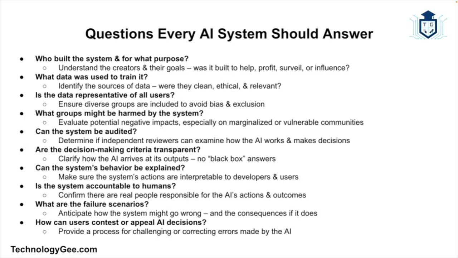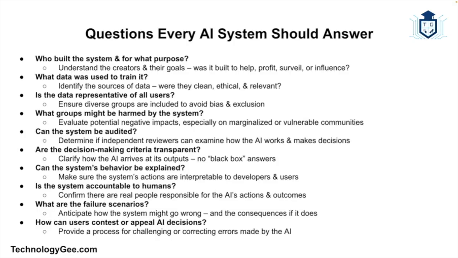Now, to evaluate an AI system's ethics, here are 10 questions that you should ask. Who built the system and for what purpose? What data was it trained on? Is the data representative of all users? What groups might be harmed by the system? Can the system be audited? Are the decision-making criteria transparent? Can the system's behavior be explained?